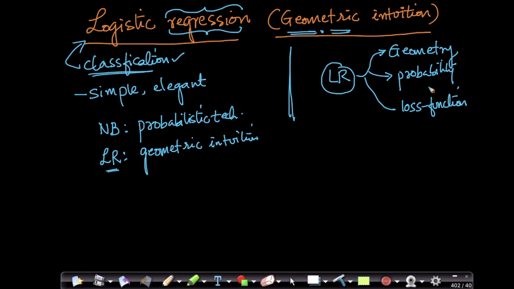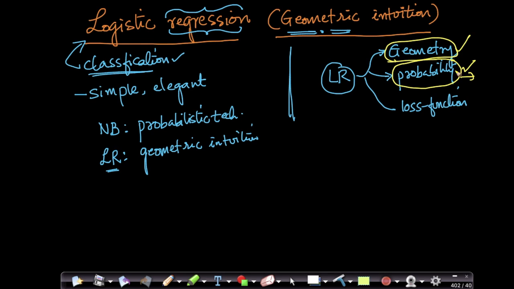And what we'll focus on, especially in this course, because geometry is much more visual, it's much more easy to understand using geometry, we'll focus a lot on geometry. We'll touch upon the probabilistic interpretation, but not dive deep too much, because the mathematics involved, the number of equations, the number of proofs is slightly dense in the probabilistic interpretation of logistic regression.